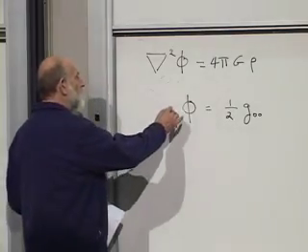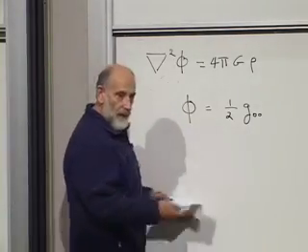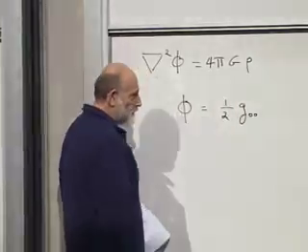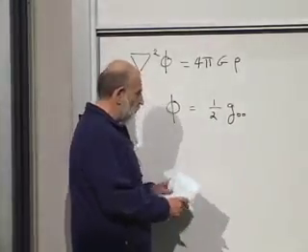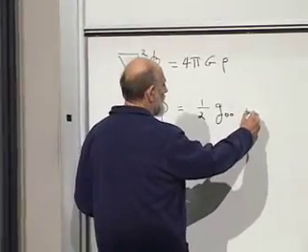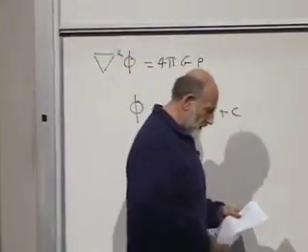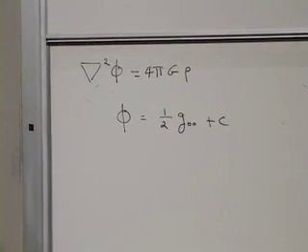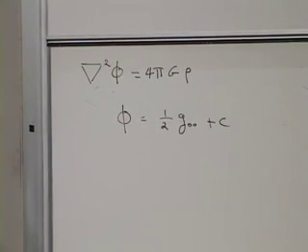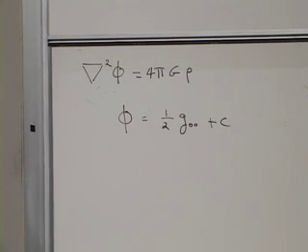So the derivative of phi in any direction is related to the derivative of g naught naught. Another way to write that is that phi is equal to g naught naught plus some constant, which doesn't vary in position. Is g naught naught equal to 2 phi? Yes, g naught naught is equal to 2 phi. Or is it minus? This sign drives me crazy.